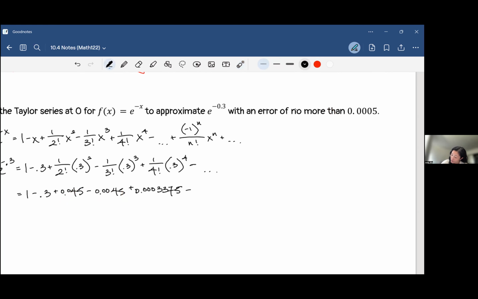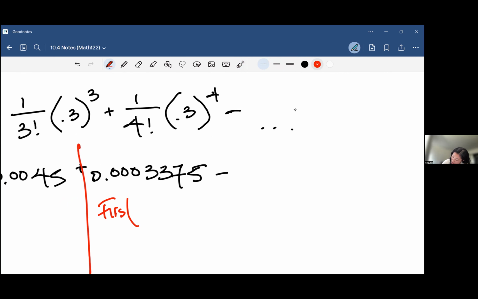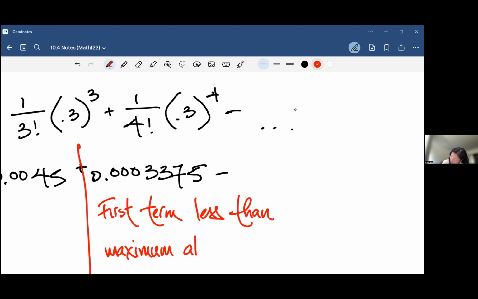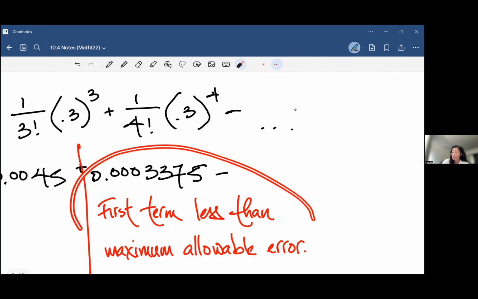So let's make a note for ourselves. This is the first term less than our maximum allowable error.